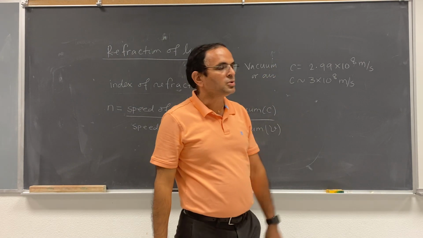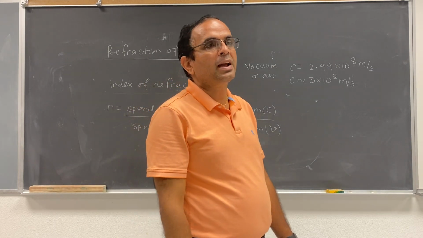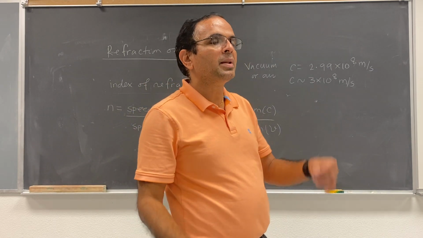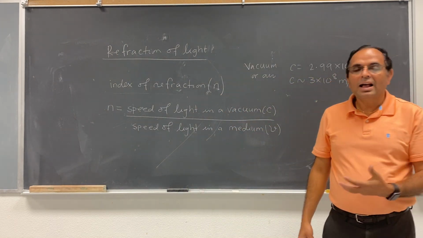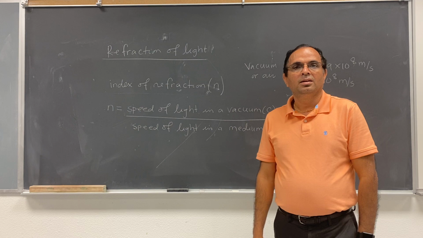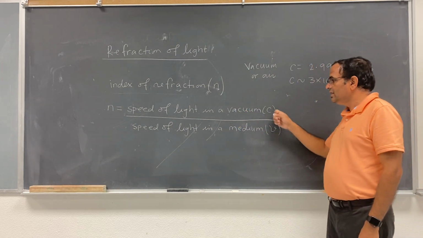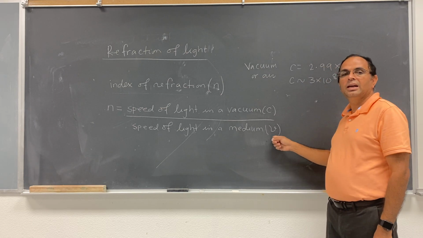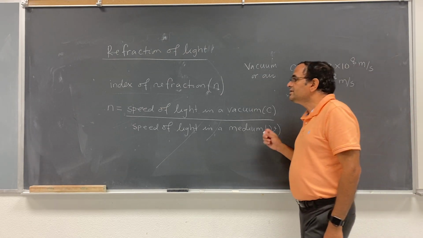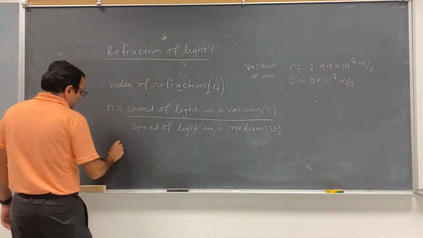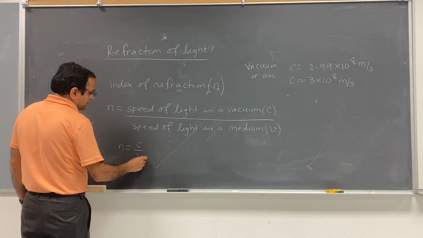In the air we also use the same speed of light, but in a medium the speed of light is different. Like the speed of light in water, the speed of light in glass, they are different. So the ratio of the speed of light in a vacuum c and the speed of light in a medium like water, glass, or whatever medium you have, n is equal to c divided by v.